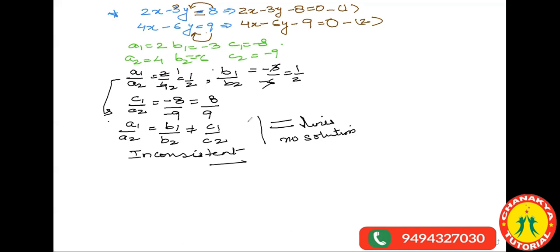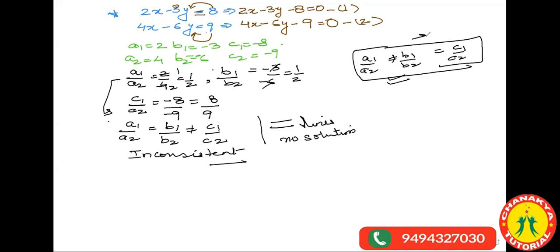You are saying a1 upon a2 is not equal to b1 by b2 is equal to c1 by c2, right? Yes, in this condition also the system will be consistent because the ratios are not equal.